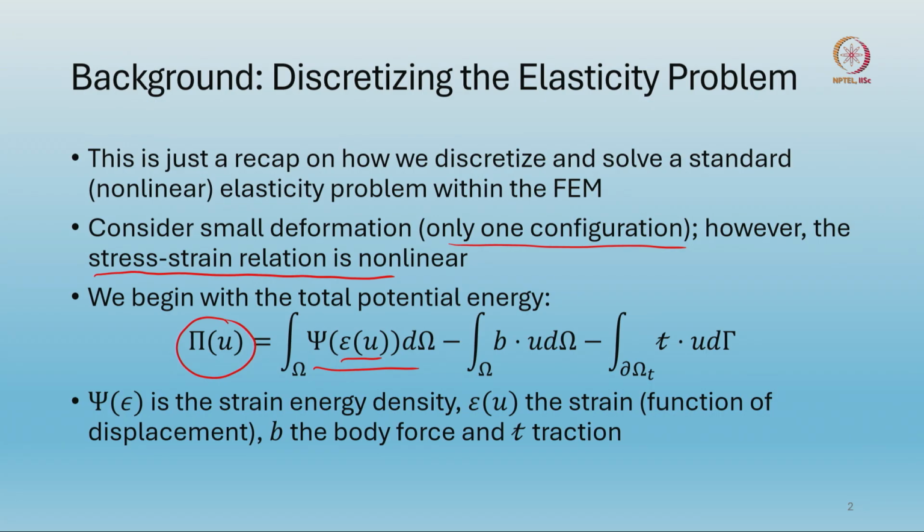There are also two other terms, one related to the body force. The body force acting on the displacement produces some work, this is the external work. Another contribution to the external work is offered by the traction which is applied to the Neumann boundary.